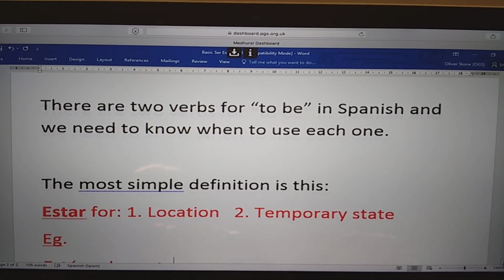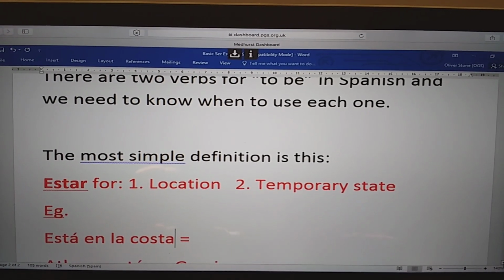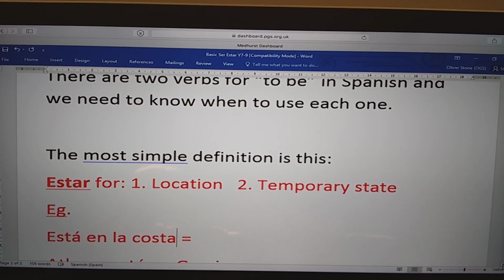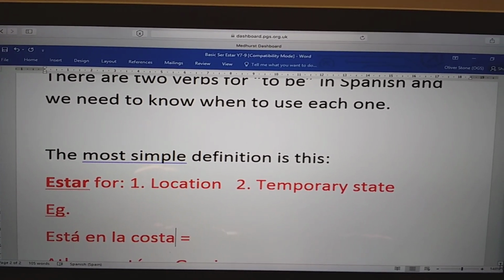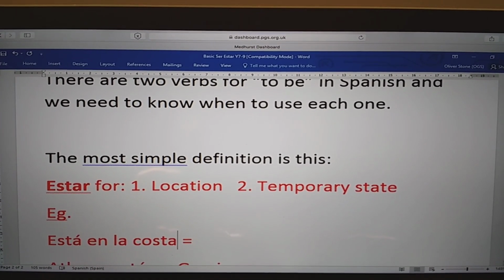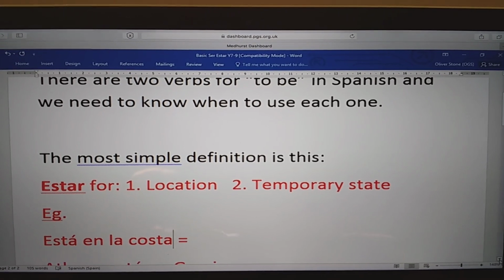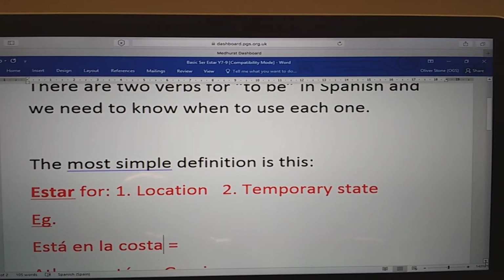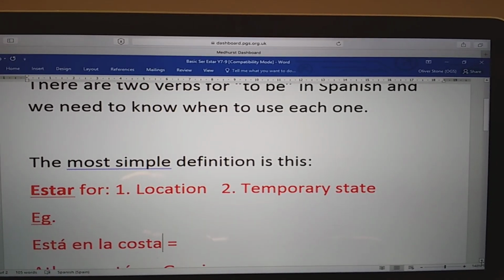So what does that mean in practice? Let's have a look. So, está en la costa. Okay, so it's on the coast. Okay, so we're talking about house and where you live at the moment. So actually that's relevant, isn't it? It's on the coast. So we cannot say es en la costa.